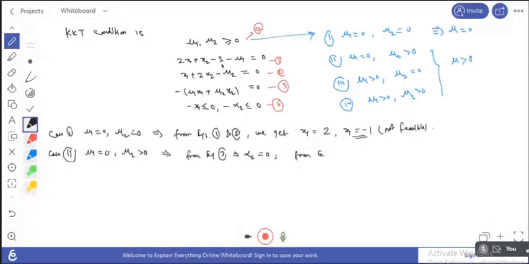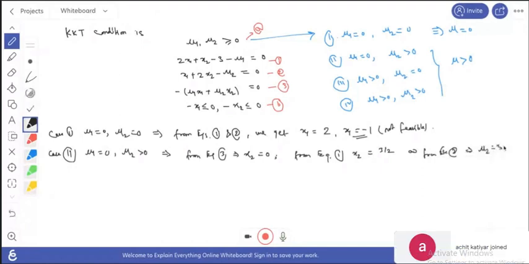Okay, so from equation 1, we get x1 equals 2, and from equation 2 this implies mu2 is 3/2.